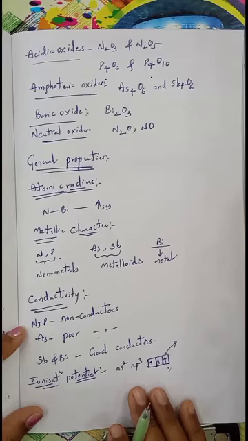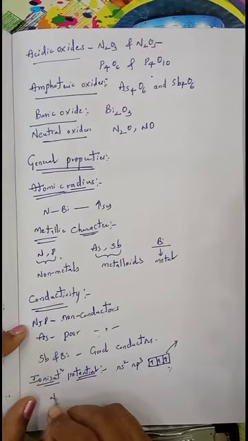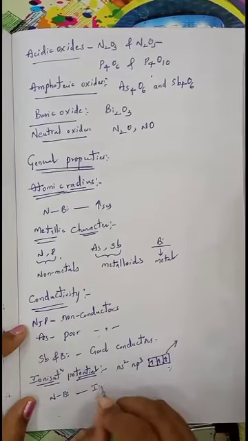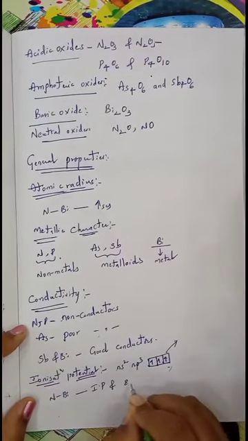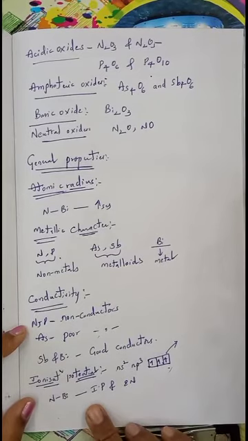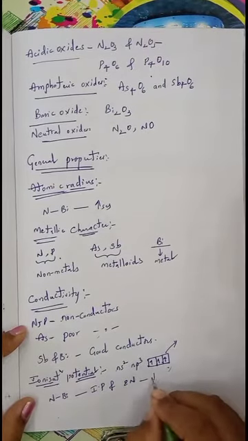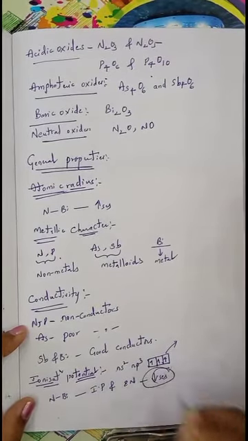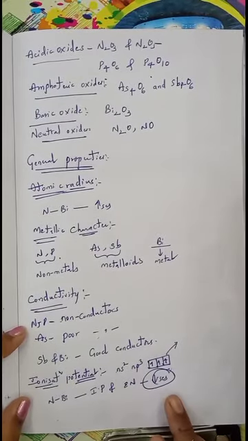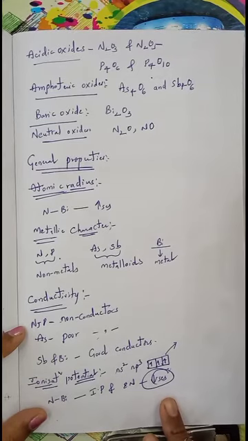If you observe ionization potential and electronegativity from nitrogen to bismuth, both decrease. Remember this point: ionization potential and electronegativity both decrease from nitrogen to bismuth.